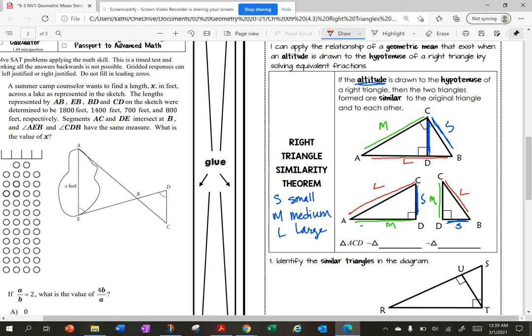Okay, so if I'm looking at triangle ACD, so that's going to be this triangle here. So A is across from the small side, C is across from the medium side, and D is across from the large side. So I want to name my other triangles in the small, medium, and large order.